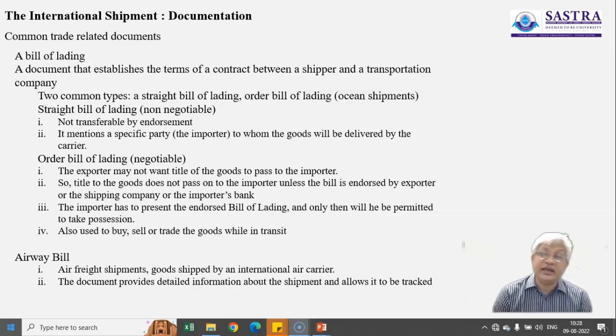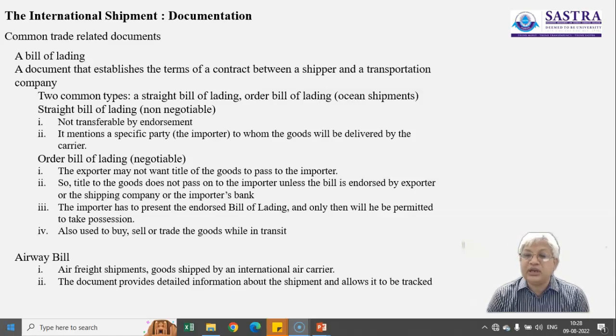The order bill of lading is negotiable. Well, the exporter may not want to hand over the bill of lading to the buyer directly. So, the title to the goods, that is the ownership of the goods, does not go to the importer unless the bill is endorsed by the exporter, the shipping company or the importer's bank. Many times, payment has to be made for the importer's bank to endorse it and release it.